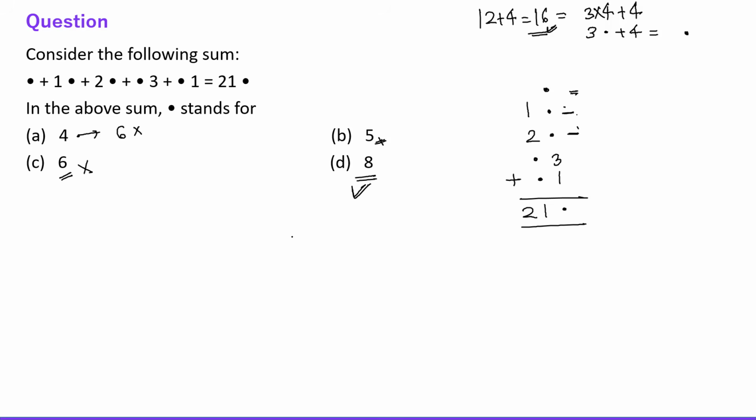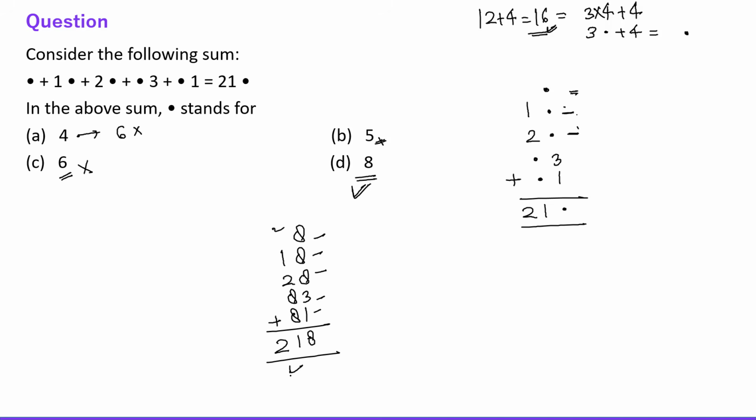That is the correct answer. So 8, 1 8, 2 8, 8 3, 8 1, and if you add all these values, the answer must be 2 1 8. Just do it: 8 8 8 is 24, 24 plus 4 is 28, so 8 comes here and 2 goes as carry. Then 2 plus 1 is 3, 3 plus 2 is 5, 5 and 16 is 21.